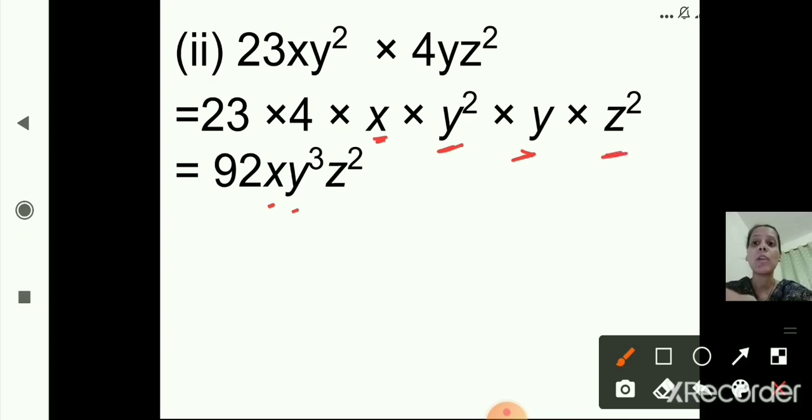And z square we will write down as it is, as there is no like term with z square. So the answer is 92x y cube z square.